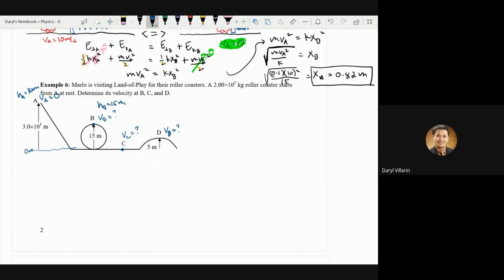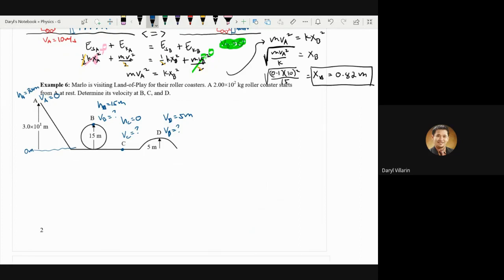I set my ground as 0, so the height is measured from there. HC is 0, as well as HD is 5 meters.